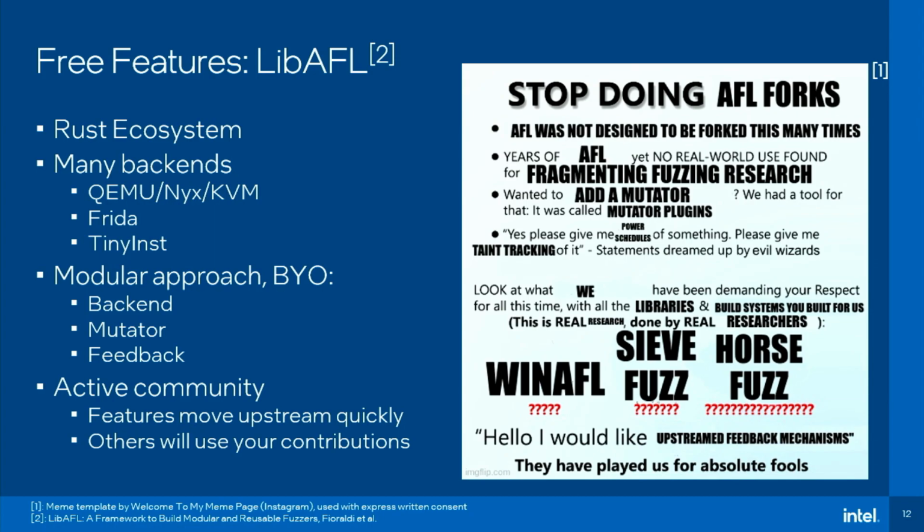We have Frida, which if you're an iOS or an Android reverse engineer or security researcher, you probably know Frida and are a big fan. And Tiny instrumentation for really good Windows speed and instrumentation. And then, of course, you can run native binaries, you can run forking binaries, you can harness your library, whatever you may want to do with it.